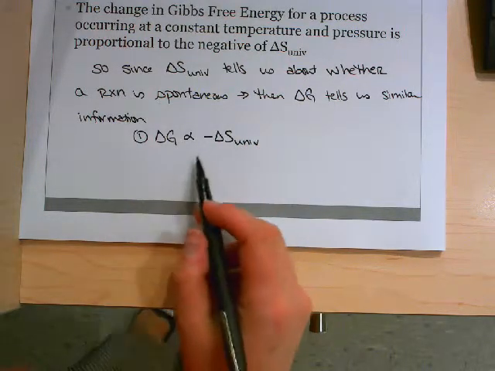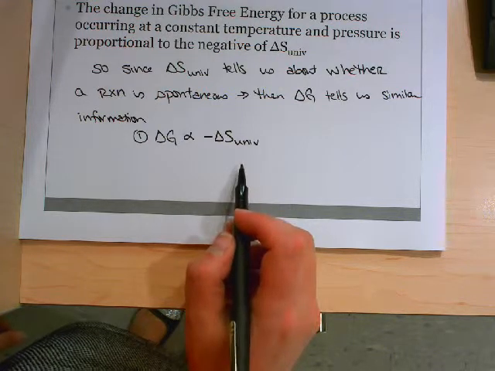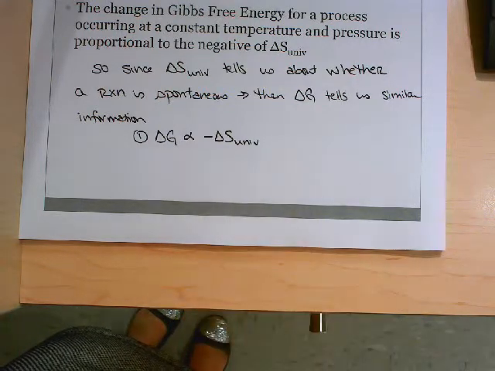Delta G is proportional to the negative delta S of the universe, meaning that they're of similar magnitude.